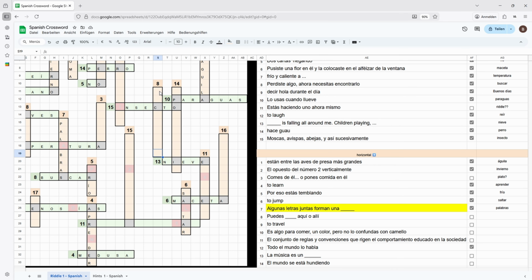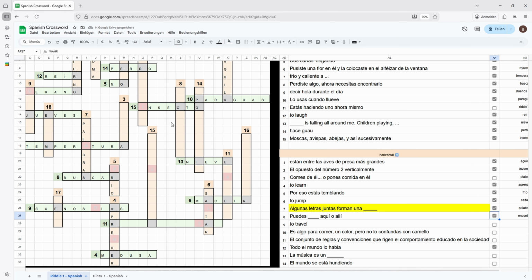So eat would be 5. Find, that would be 9. We are testing if that works. So encontrar. 8. It works with the C. So it should be fine.